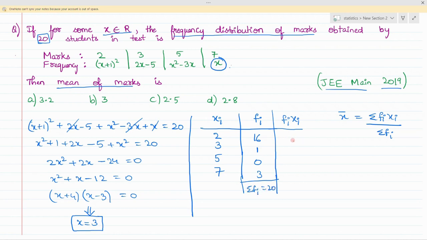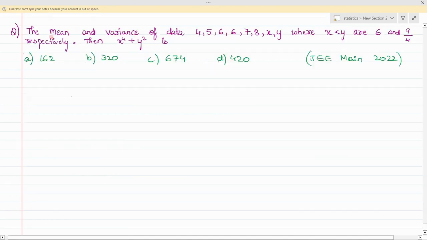So fi xi becomes 32, 3, 0 and 21. So when you add these values, sigma fi xi is nothing but 56. So mean is nothing but 56 upon 20. Therefore the mean will be 2.8. So option D is the correct answer to this question.